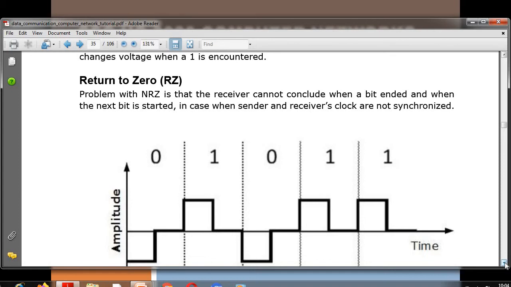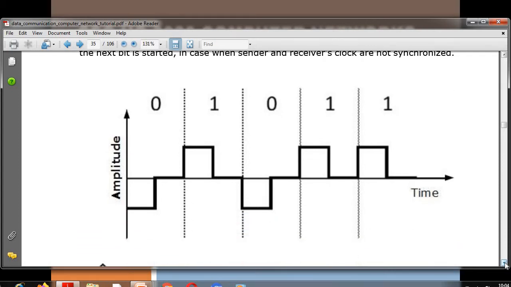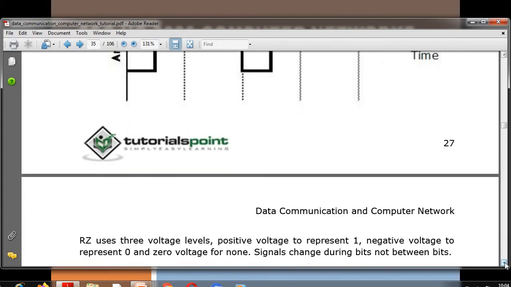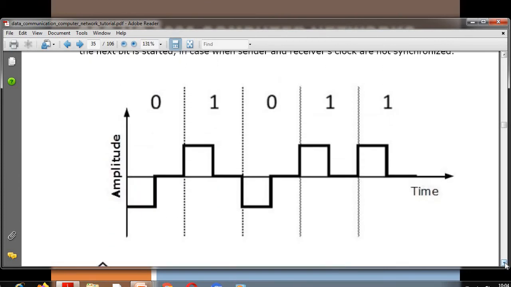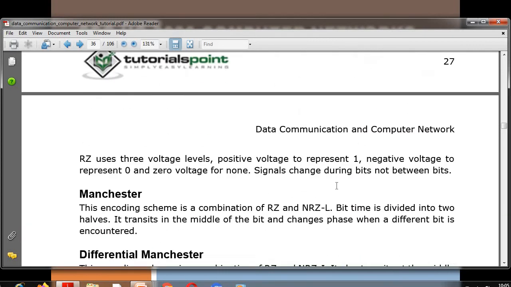In this case, when sender and receiver clocks are not synchronized, we have return to zero. It uses 3 voltage levels: positive voltage to represent 1, negative voltage to represent 0, and 0 voltage for none, a rest signal between each bit. So 0 for negative, none, and 1 for positive, again none, 0 for negative, again none. In this way we see the coding.